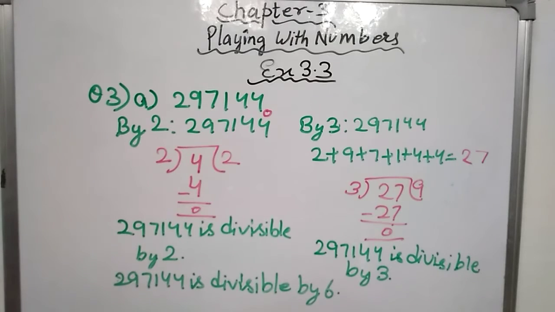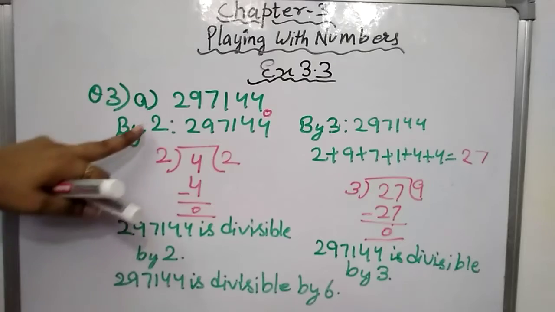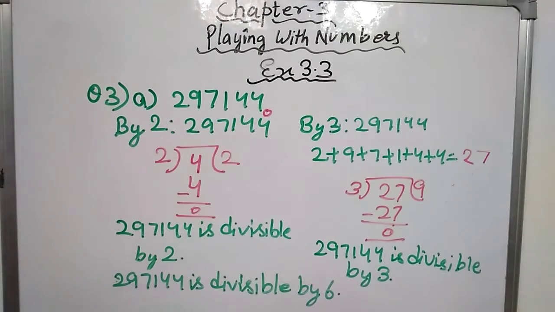So this is the test of divisibility by 6, that number should be divisible by 2 and by number 3. Then the given number can be said to be divisible by 6.